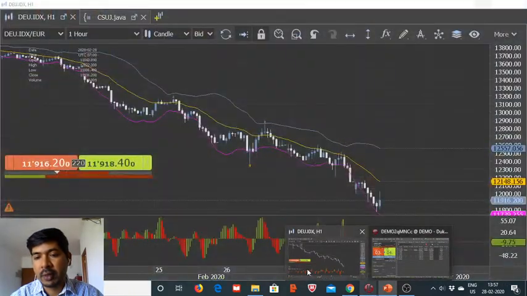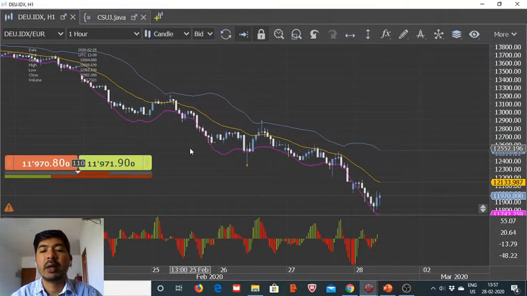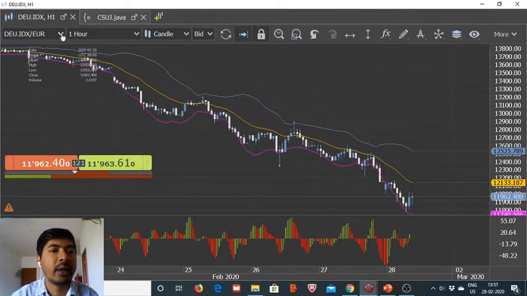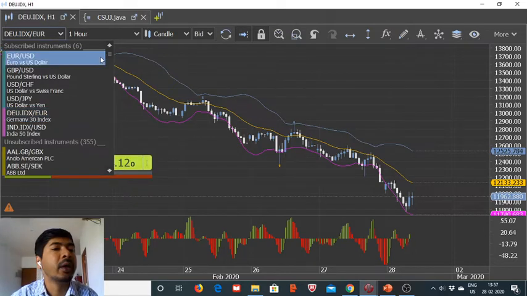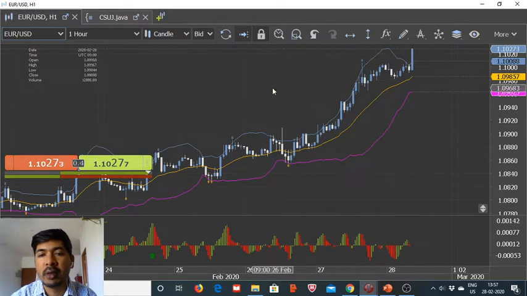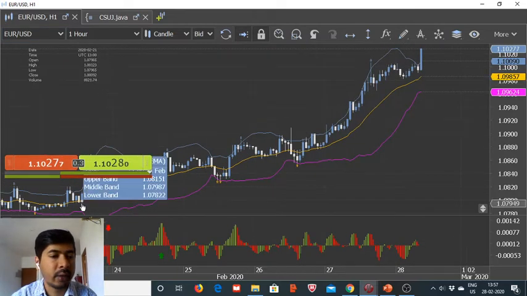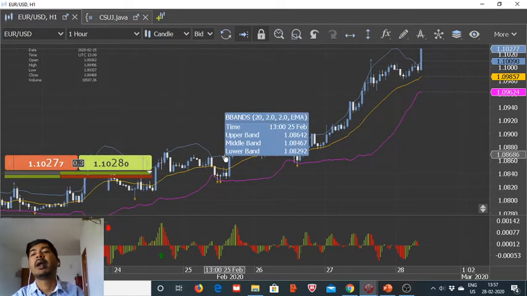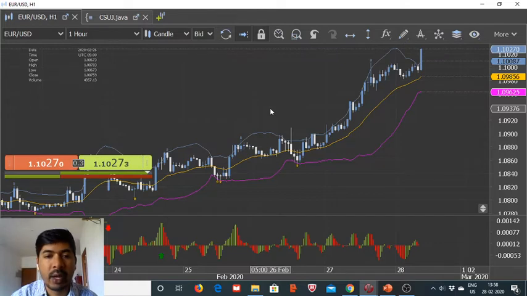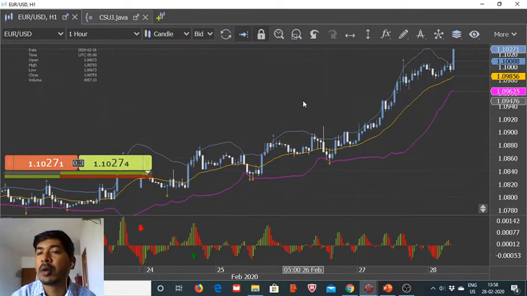First, we will see what we are going to do on the chart. This is the hourly chart setup, and let's take the instrument as EUR/USD. We will mostly work with EUR/USD, and this is the Bollinger Band on the hourly chart. The underlying idea behind today's algorithm development is going to be pretty simple.